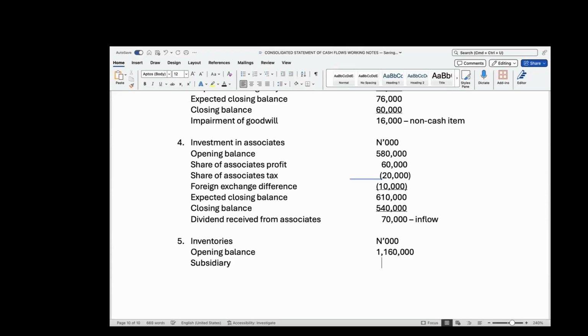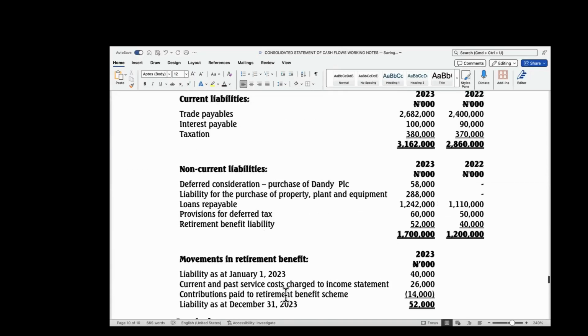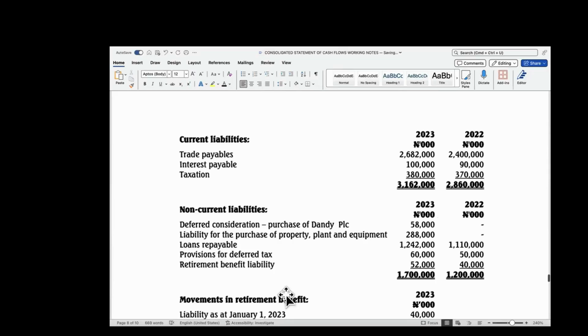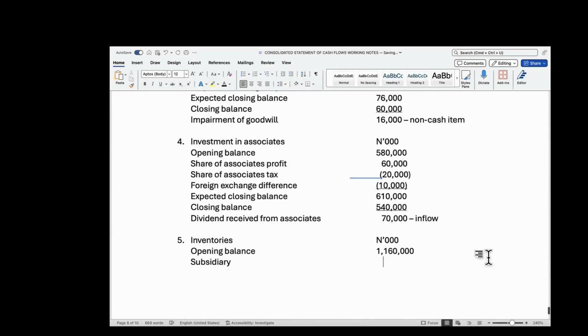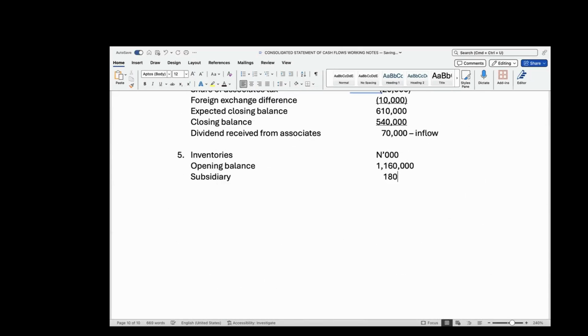Subsidiary we acquired, okay. Inventories and work in progress, 180. So what's the expected closing?